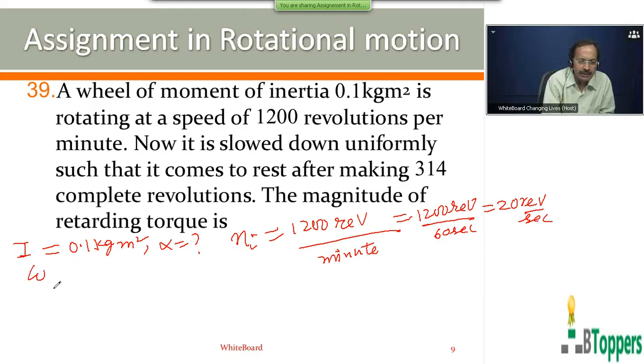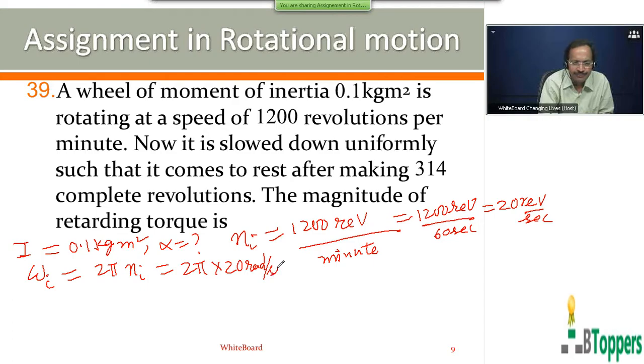So initial angular speed of the wheel, I denote by omega subscript i, is equal to 2 pi into initial frequency of revolution. That is 2 pi into 20 radian per second. The wheel is brought to rest, means final angular velocity is 0.